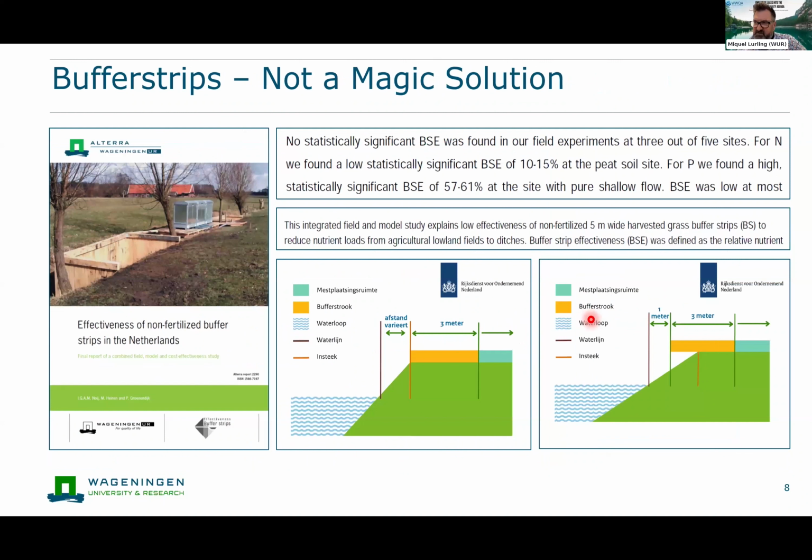I think about 15 years ago, maybe 17 years ago, my colleagues here at Wageningen University studied the efficiency of buffer strips, so the BSE, that's buffer strip efficiency. And they concluded that there was hardly any efficiency in retaining nutrients from a 5 meter wide buffer strip.